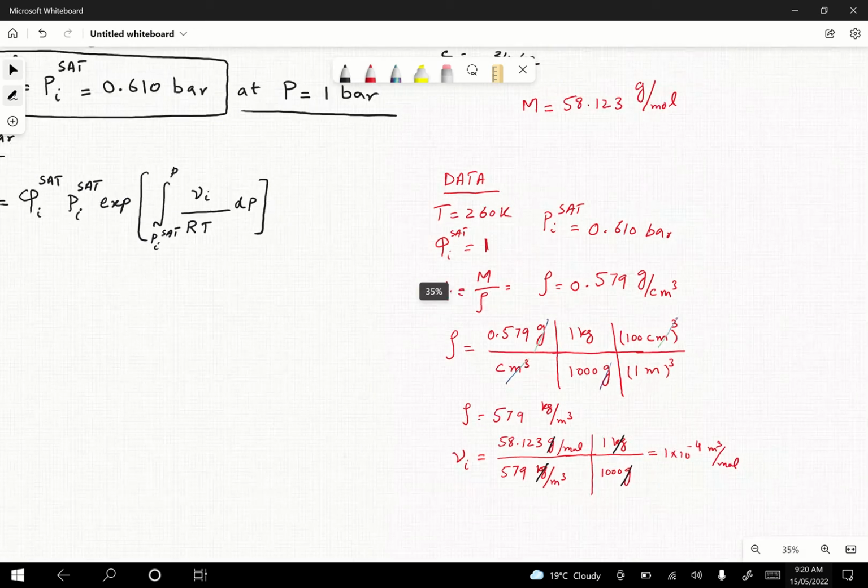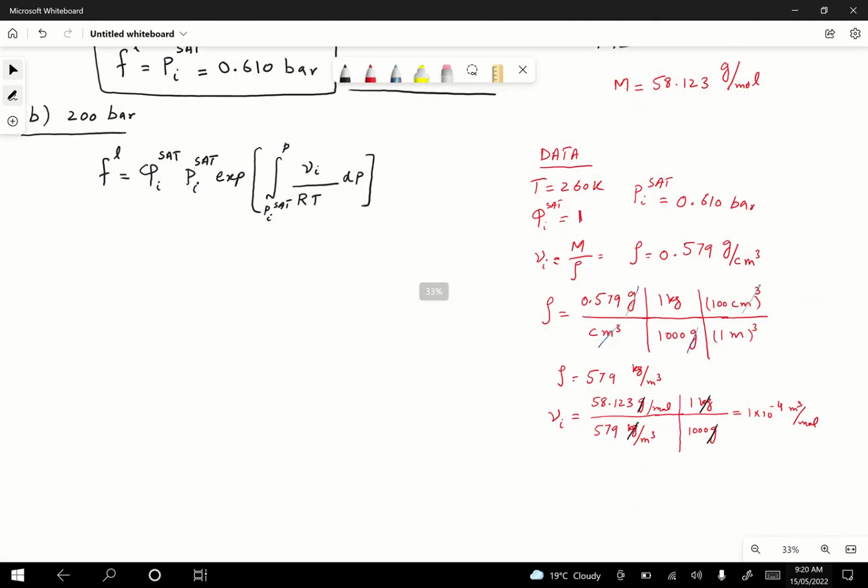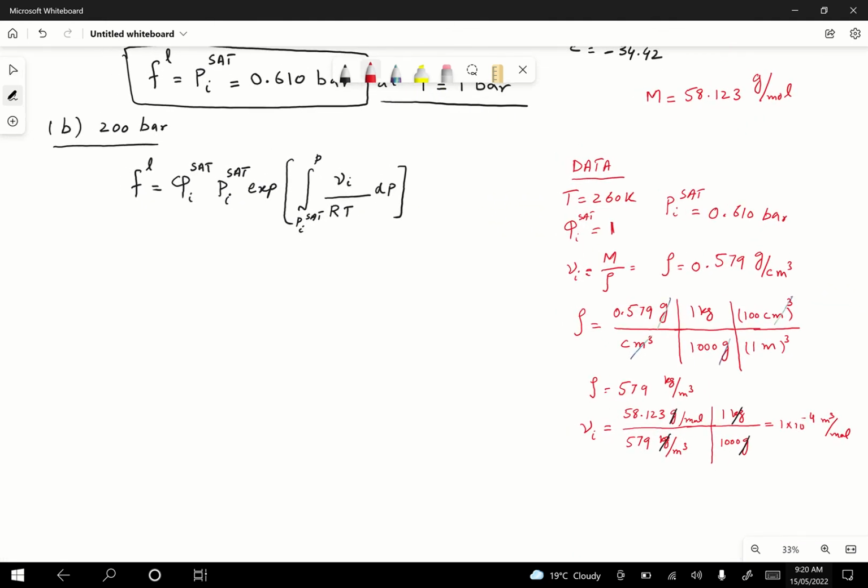Now we got these values, and R is the universal gas constant, T is temperature. Now we can just put the values in this formula, which is the fugacity of liquid.